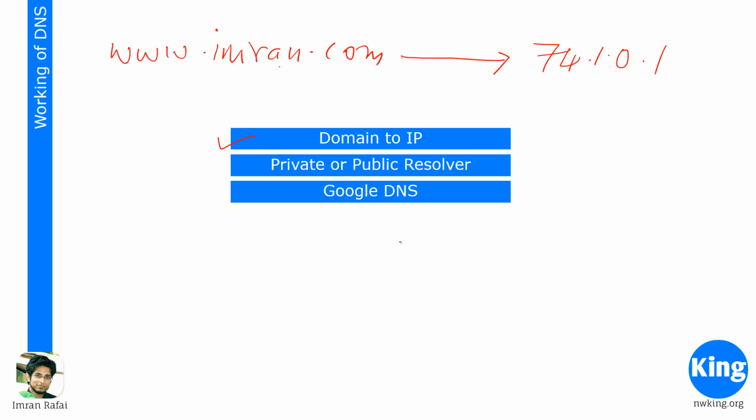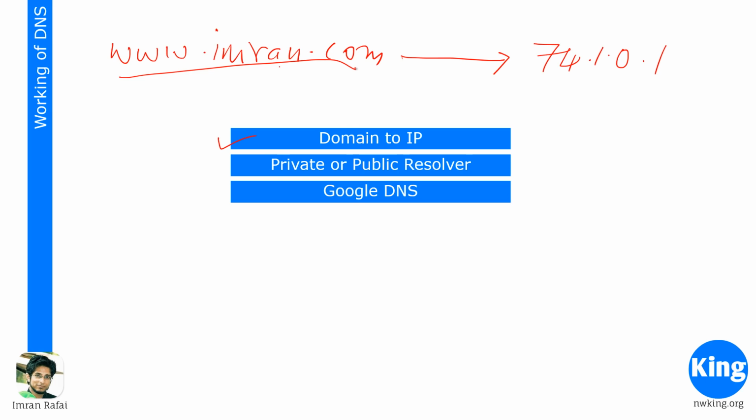I can't go contact these 10,000 people and tell them that my IP address has changed. The best way is they remember the fully qualified domain name, which is nothing but www.imran.com, and then automatically whatever changes happen behind, so the end user need not know about that change, right?